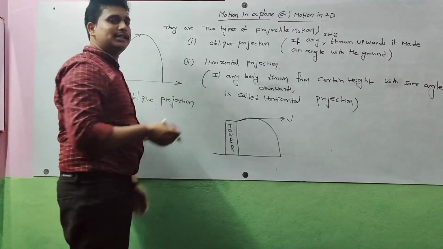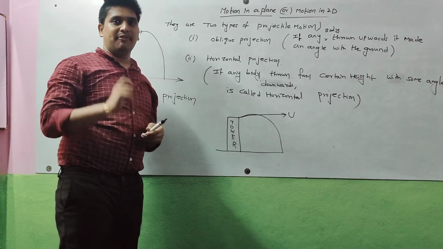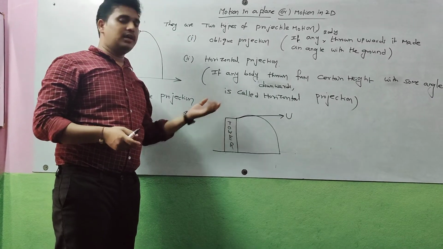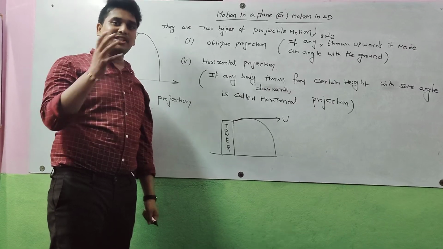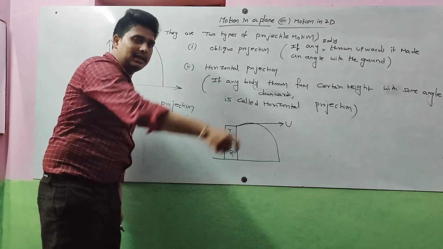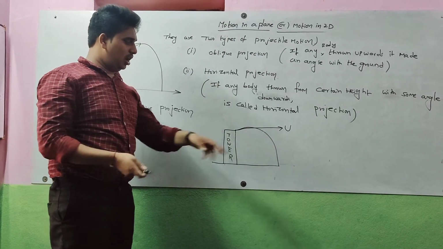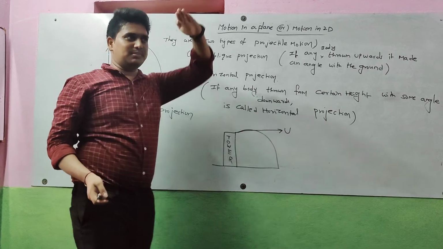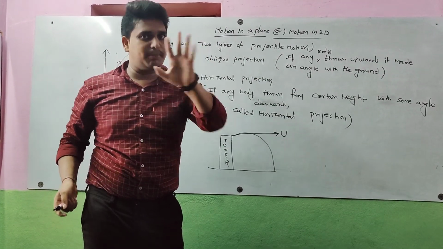If a person stands on a tower or building, he throws a particle downwards with some angle. That is called horizontal projection. From a certain height we throw a particle, and it makes some angle; that is called horizontal projection.